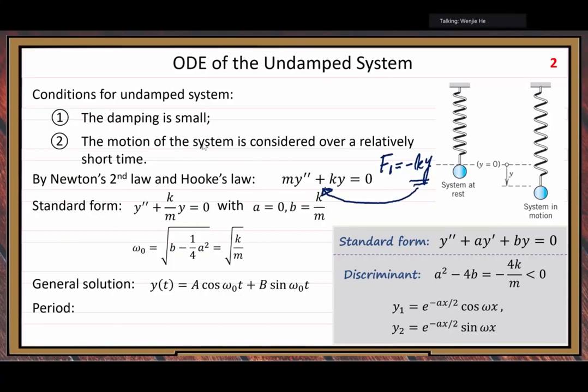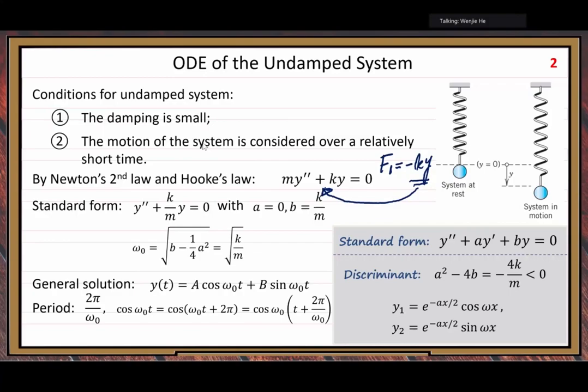But this omega 0 has some special meaning here. First, the period. Remember last time we calculated the period. We know cosine function is a 2 pi periodic function.